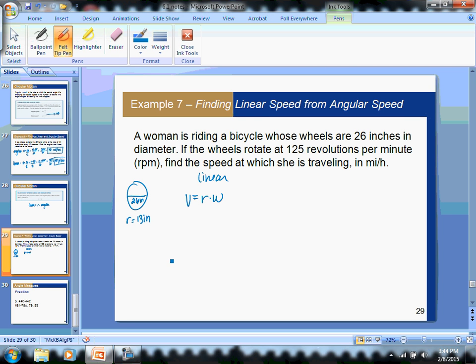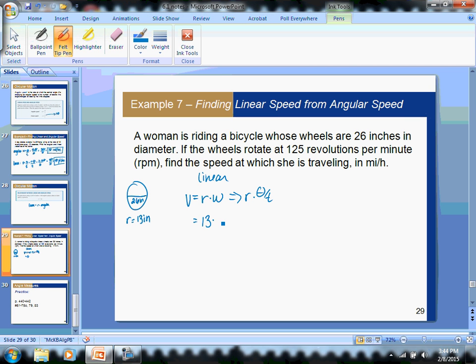So we're going to then take our radius, which is going to be 13. They tell us our radius, so it was good that we wrote that down. And remember, the formula for W, I can rewrite this up here, is really the theta over t.